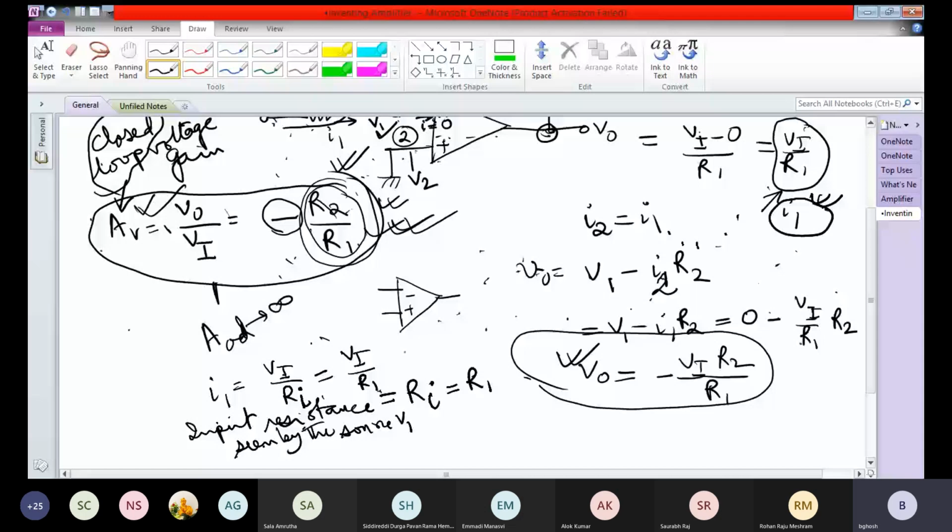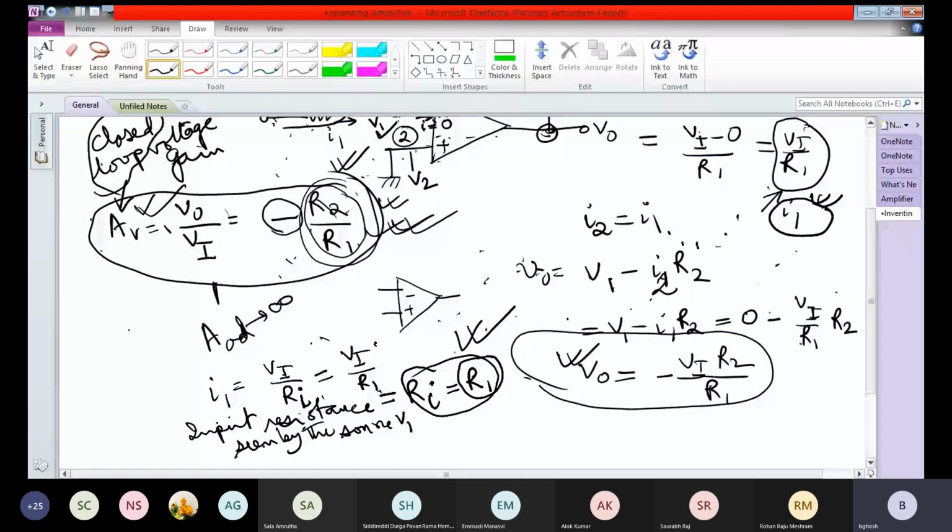So again, you see that the input resistance seen by the source has nothing to do with the operational amplifier. It is a function of the external resistor only. This is again a very important achievement. Again, you recall your BJT chapter.